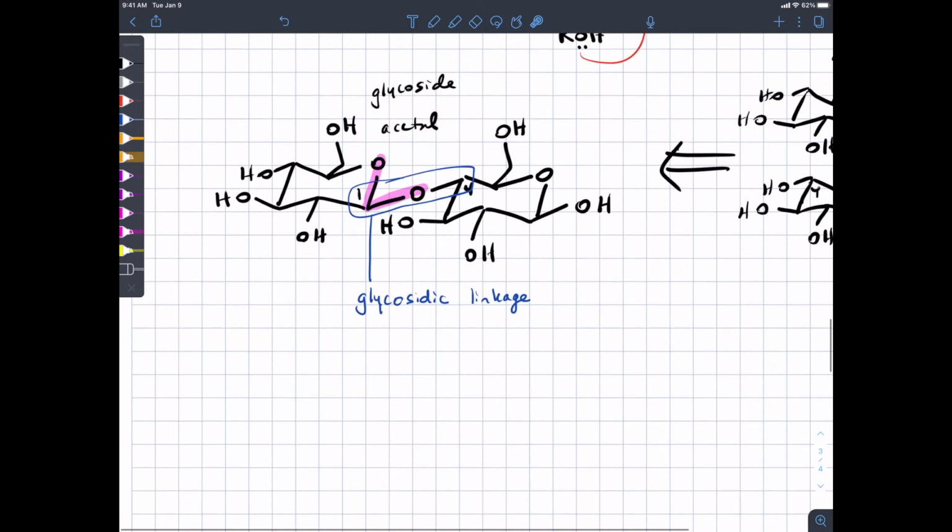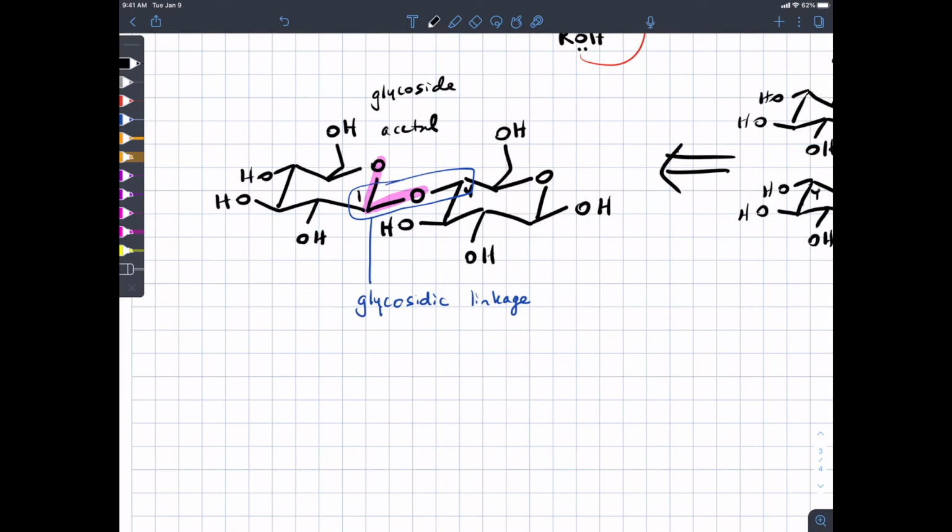Now, this glycosidic linkage is a linkage between carbon 1 on one sugar and carbon 4 on the other. The arrow indicates that carbon 1 is the anomeric or acetal carbon, and that the OH group from carbon 4 of the other sugar is the alcohol. Then we'll use the term beta to describe the fact that the OH group at carbon 1 is up.